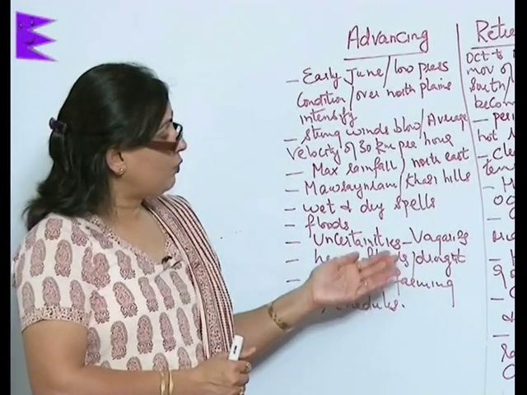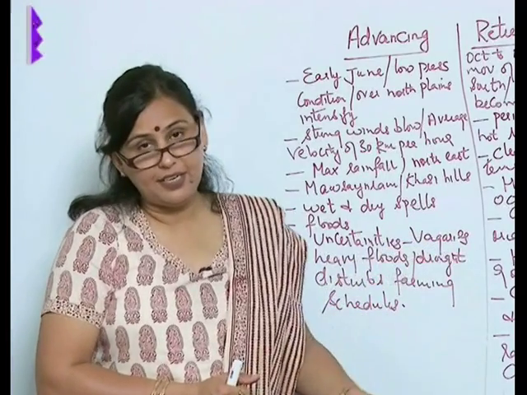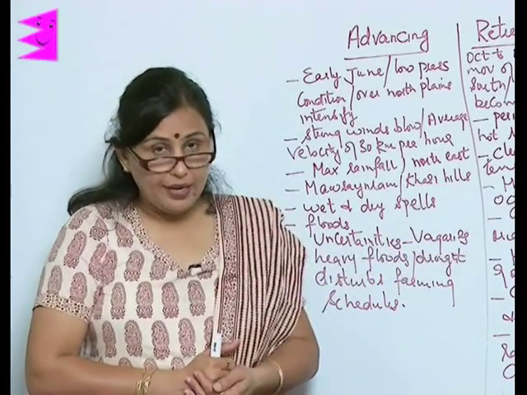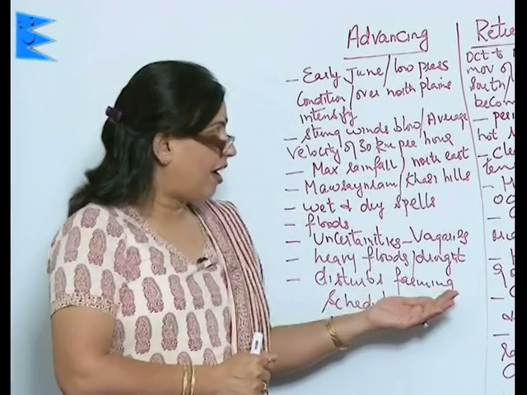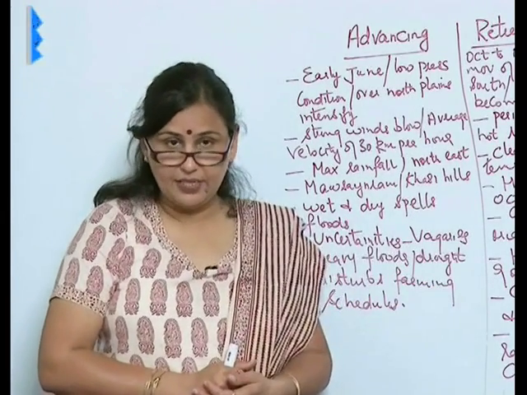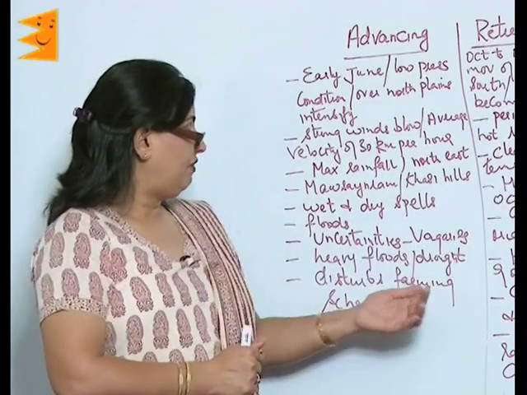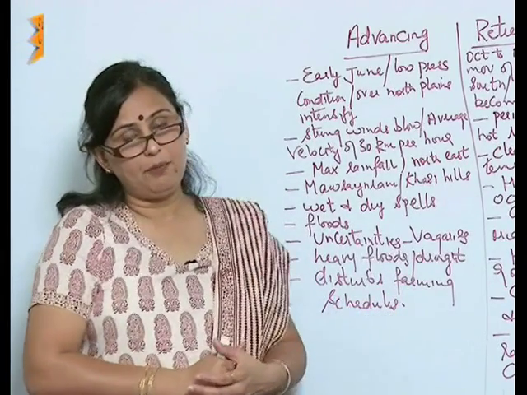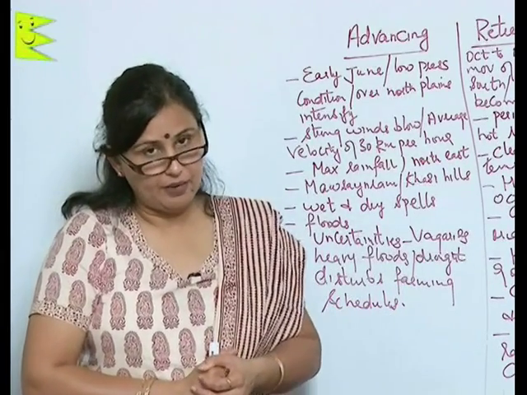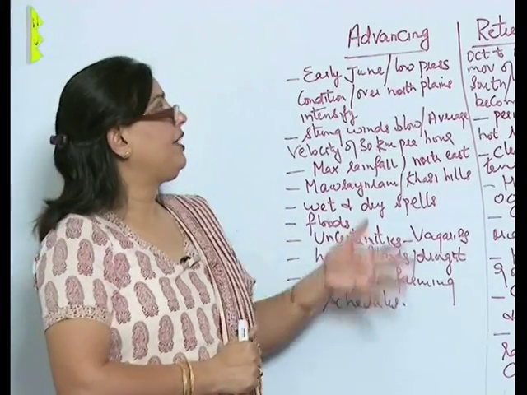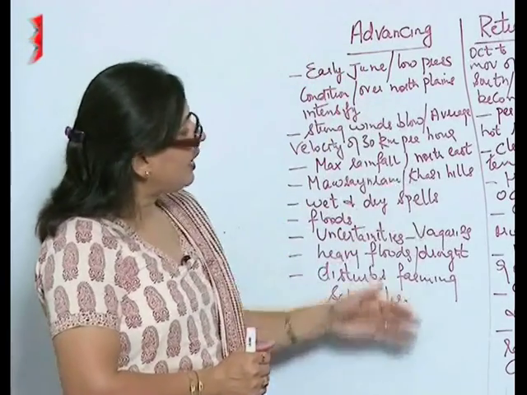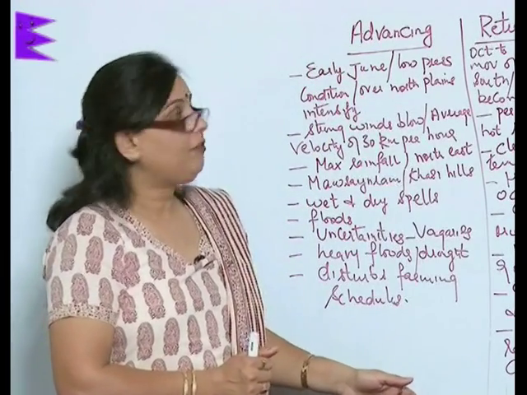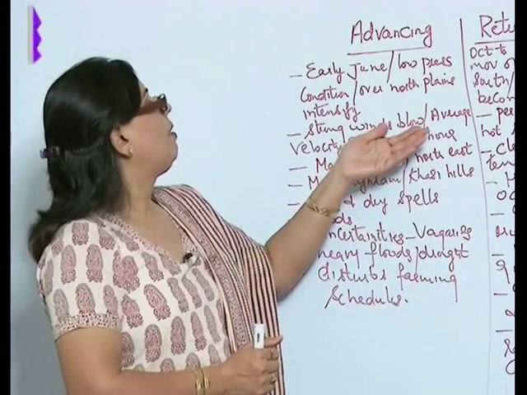Now, because of these vagaries or uncertainties which continue in this particular season, it is the farmers who actually get disturbed, because the farming schedules of the farmers do get disturbed because of the vagaries of the monsoon. So remember, this is the onset of the monsoon, the coming of the monsoon that we talk about.